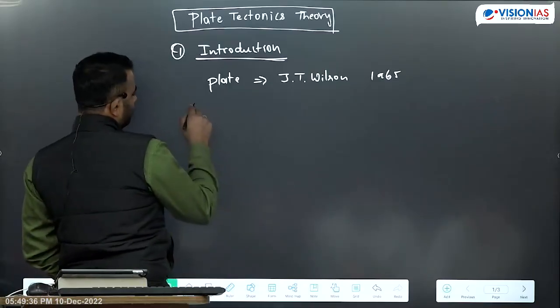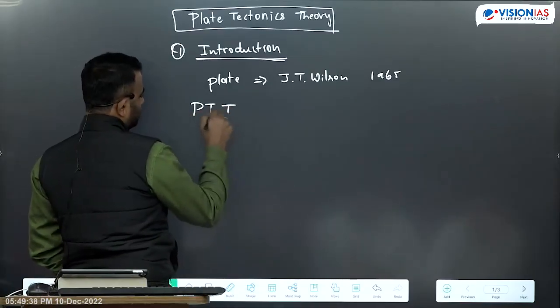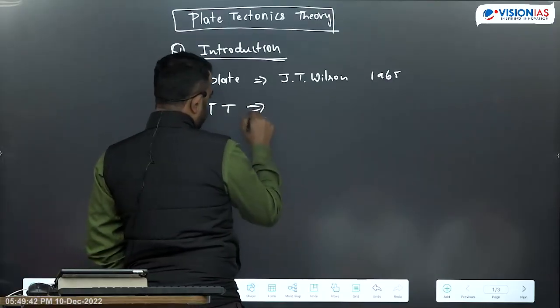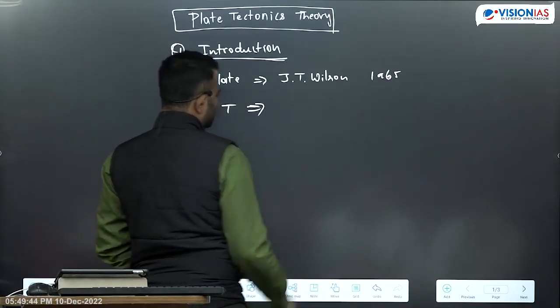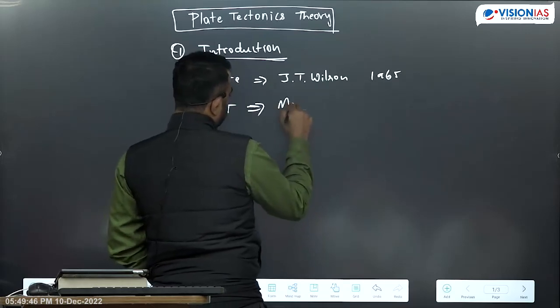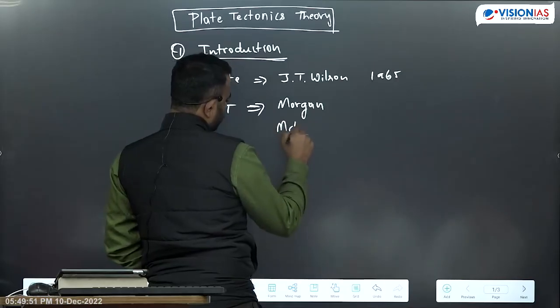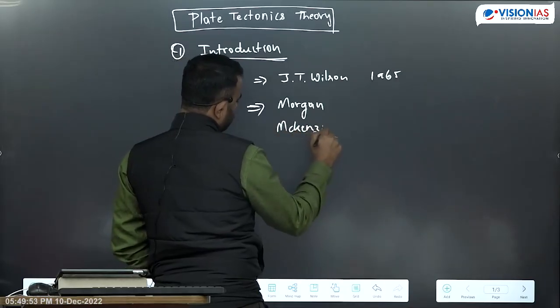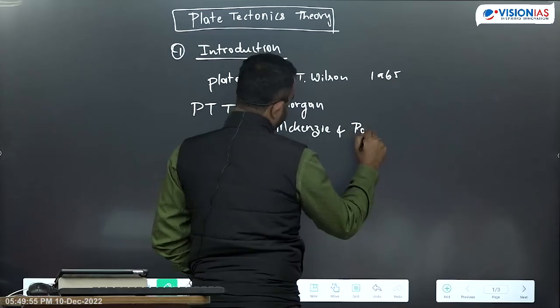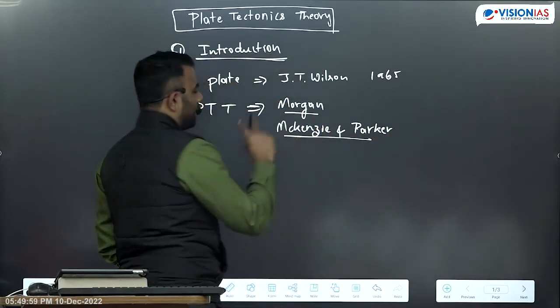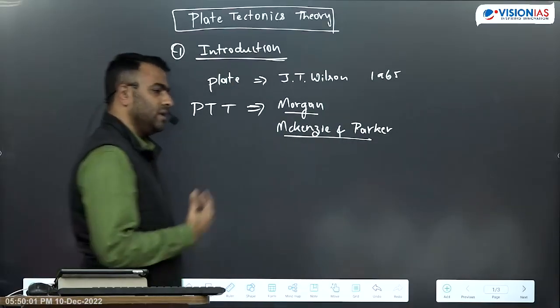The theory of plate tectonics is proposed by, okay, we attribute this to three persons. One is Morgan, who worked independently. Then comes Mackenzie and Parker. These two worked together, and the overall idea was almost similar, and together we made the theory.